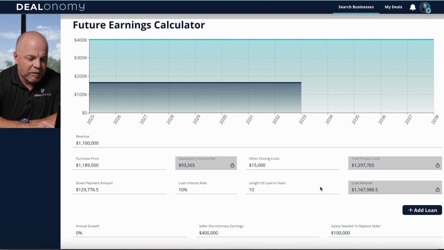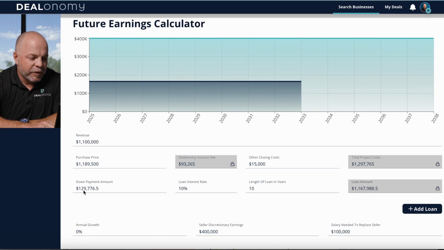And it's just pre-populated here with a hypothetical purchase price of $1.189 million with a down payment of $129,000. And again, if you're a buyer, you do have to pay a success fee to Dealonomy, so that's calculated into your deal cost.